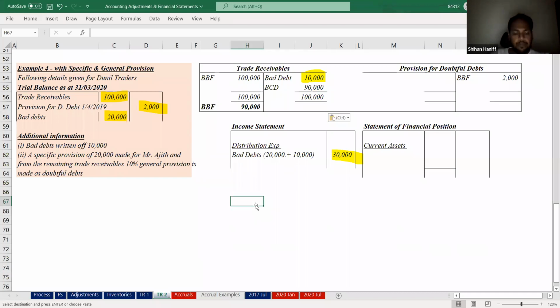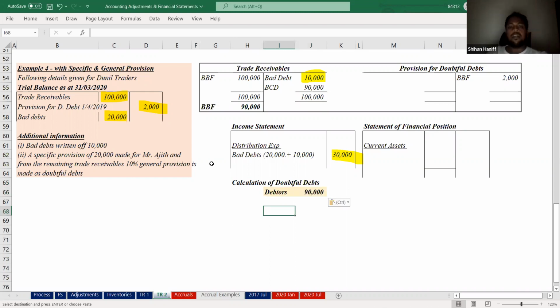Now, calculating the doubtful debts. So let's calculate the doubtful debts. Right. Now there is a debtors balance of 90,000.